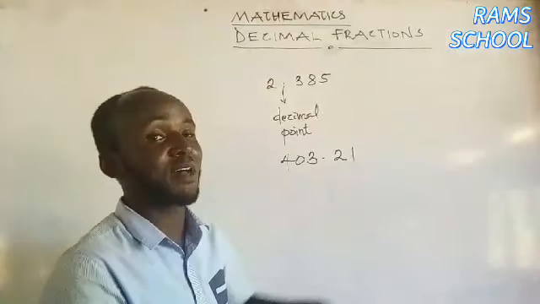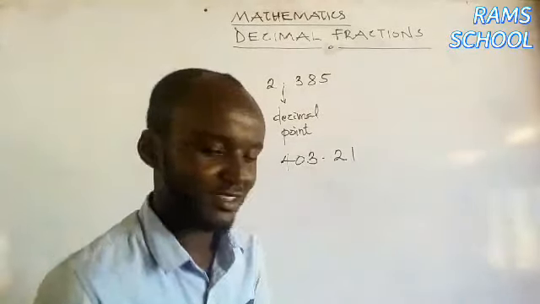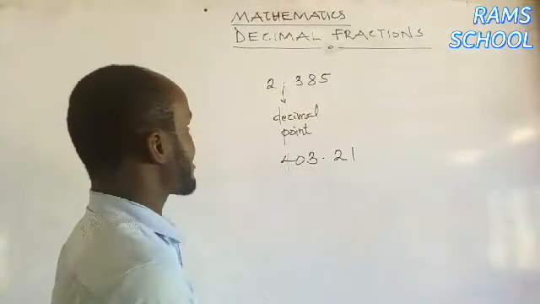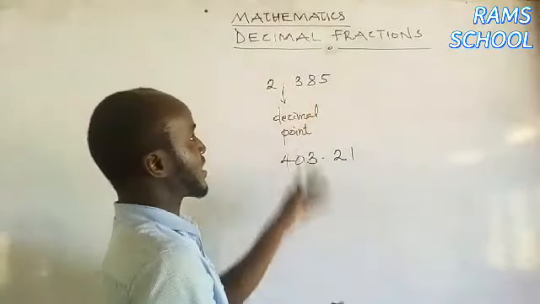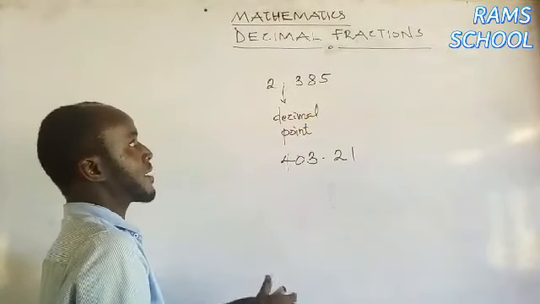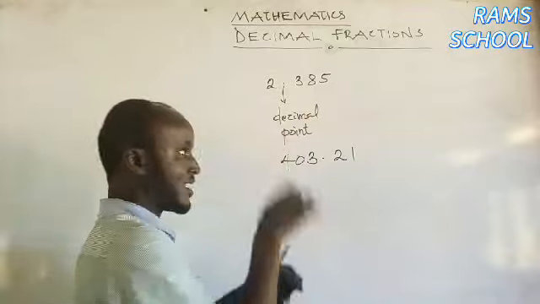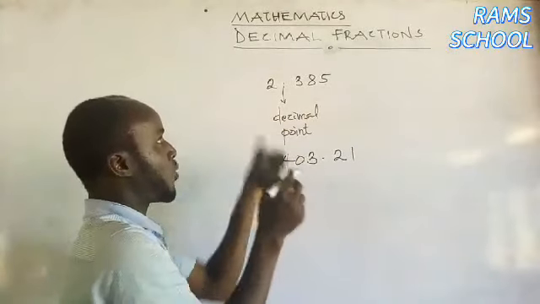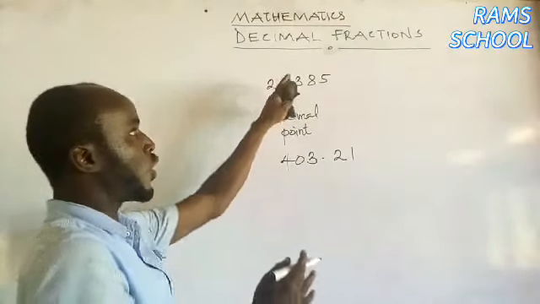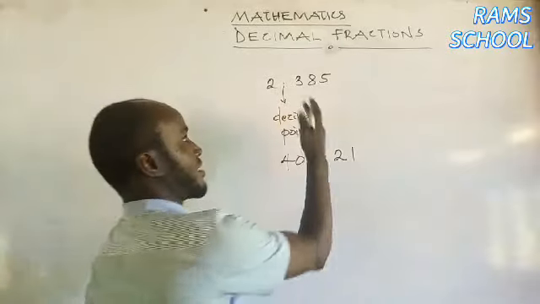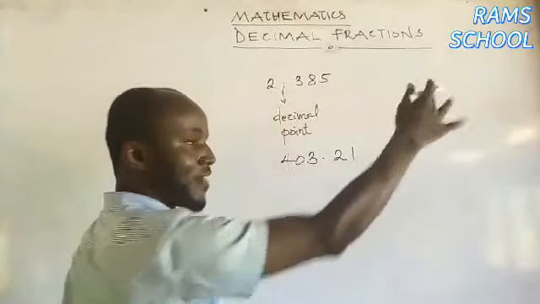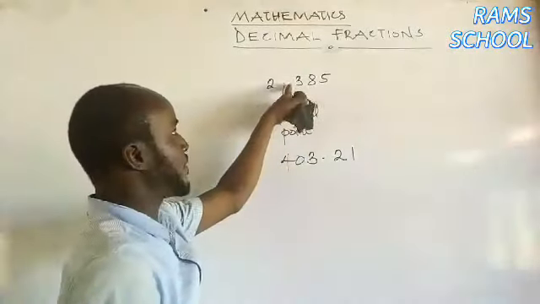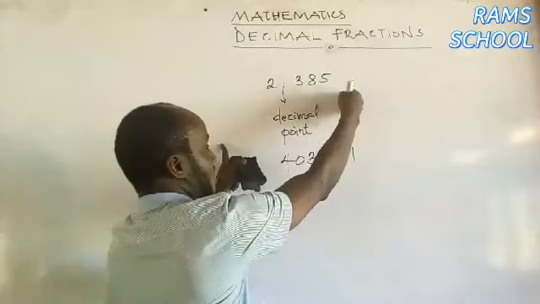So if you hear me saying decimals, I'm talking about decimal fractions. This is an example of a decimal fraction. In short, in decimal fractions, you can see a decimal point inside. The point separates the whole number from the decimal fractional part.